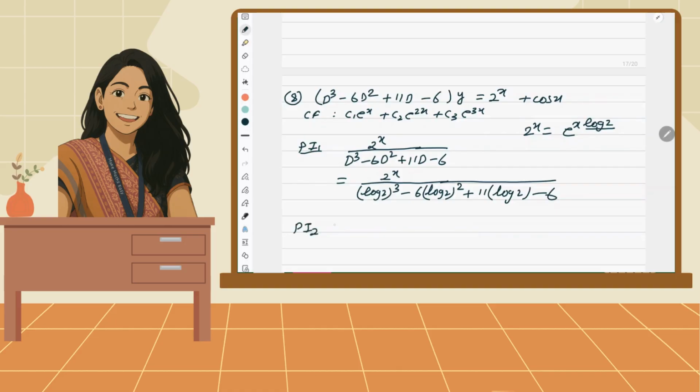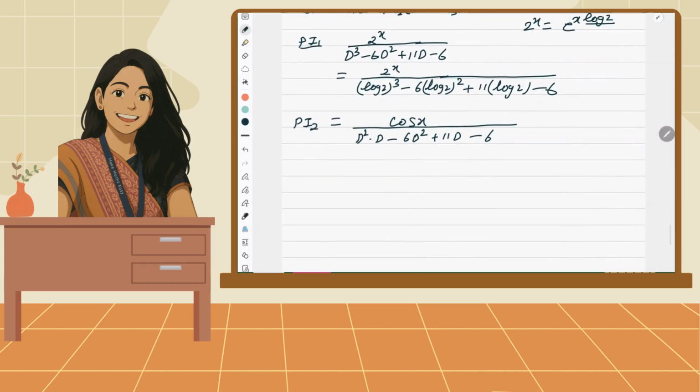Let's do PI2. PI2 is cos x upon d cube minus 6d square plus 11d minus 6. I am writing d square into d. Let me put the value. So cos x. Now here d square is equal to minus 1 because a value is 1.